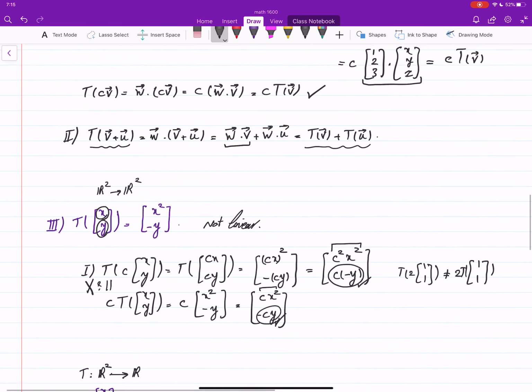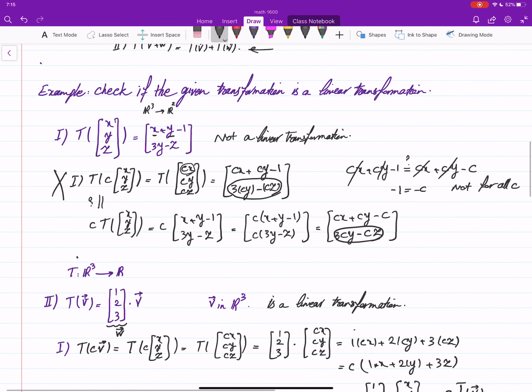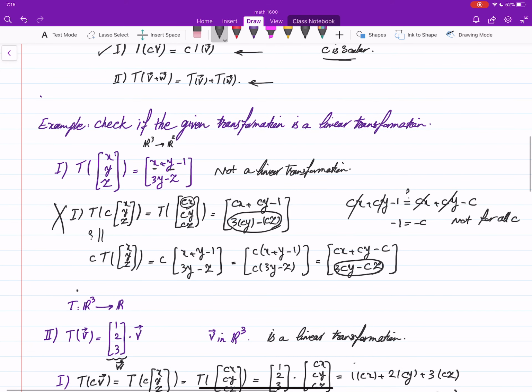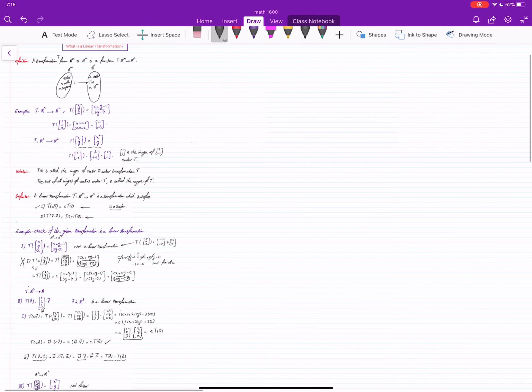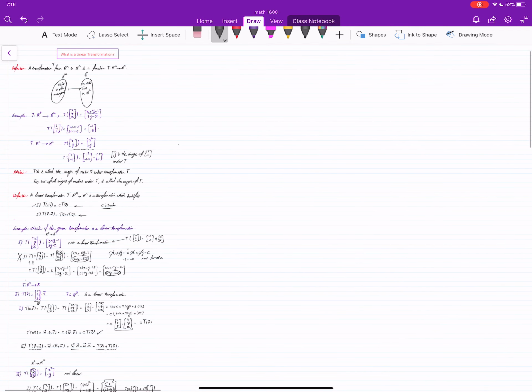You see, in this problem here, if you take T of the 0 vector, it will give us (negative 1, 0), which is not the 0 vector. So that's how we can say that this is not a linear transformation, at least in some easy cases. Okay, so this was an introduction to linear transformation. We will learn more about it and more examples of linear transformation.